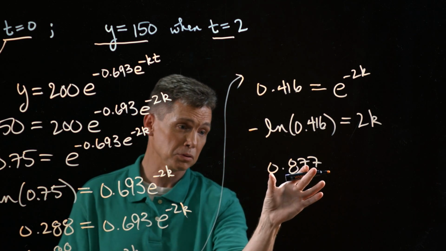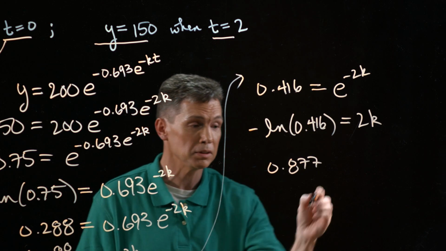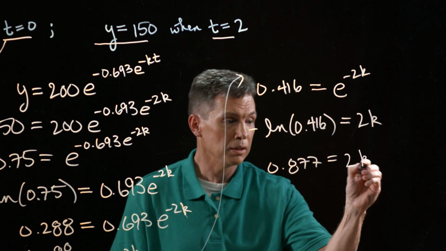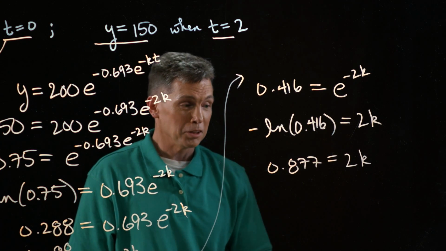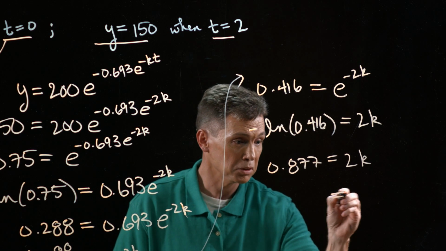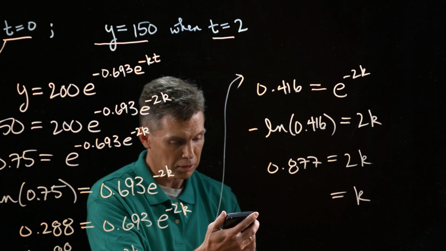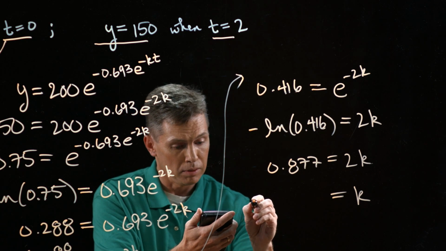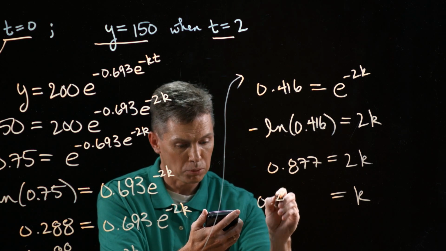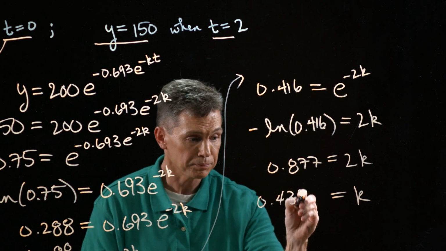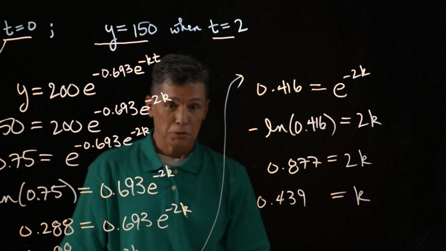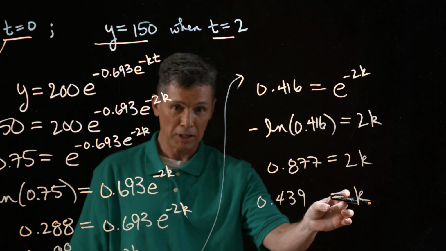There's a minus in front, so it's a positive 0.877 equaling 2k. Finally, just a division by 2 is going to give me my k. 0.877 divided by 2 is 0.439. So it took some doing, but we have a value for k now.